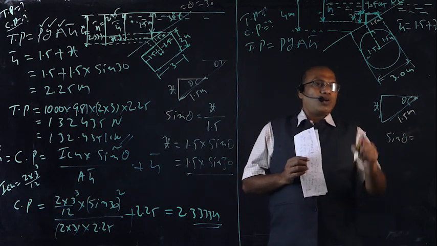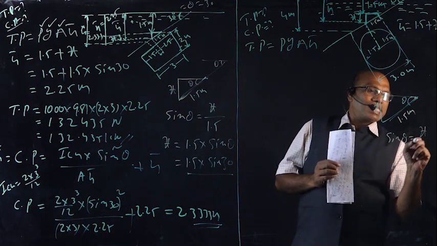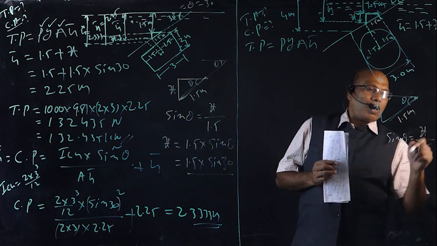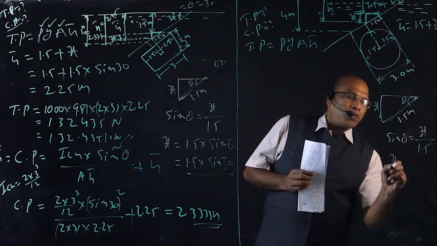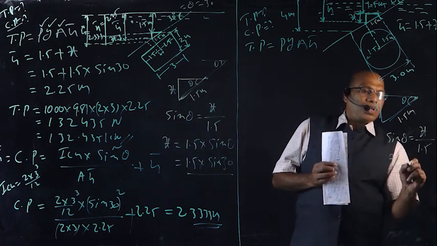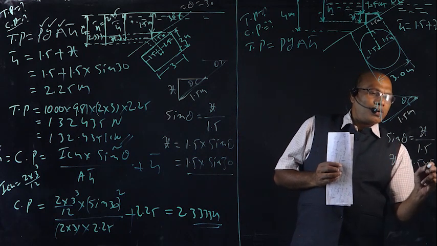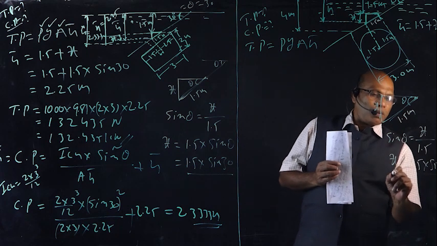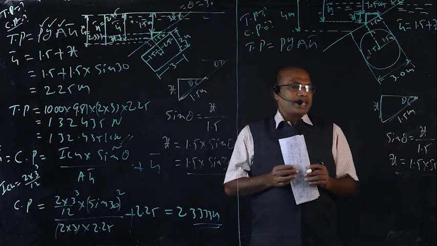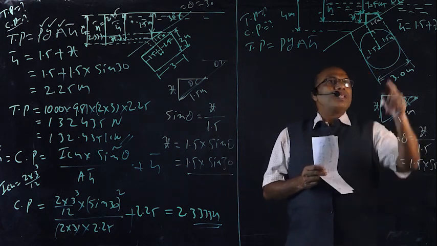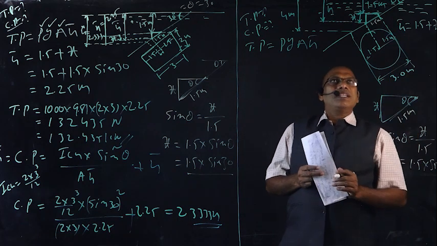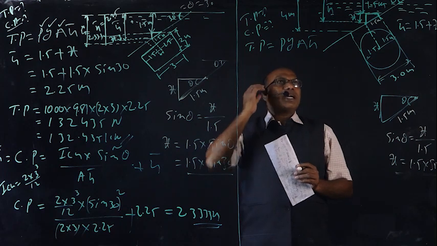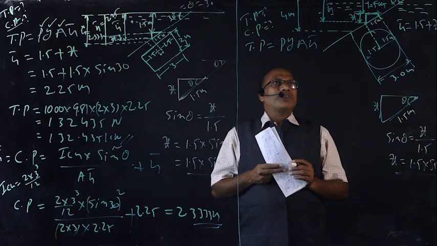Sin theta equal to opposite side x divided by hypotenuse, that is 1.5. Therefore x is equal to 1.5 into sin theta. But in this problem theta is not given. Now we are going to determine the theta value.